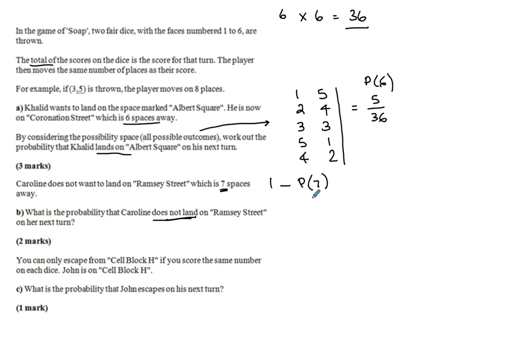The probability of getting a 7 is 1, 6, 2, 5, 3, 4, and also the other way around: 6, 1, 5, 2, 4, 3. So that's 6 of them, 6 out of 36, which is a 6th. So the probability she doesn't get a 7 is 1 minus a 6, which will be 5/6.